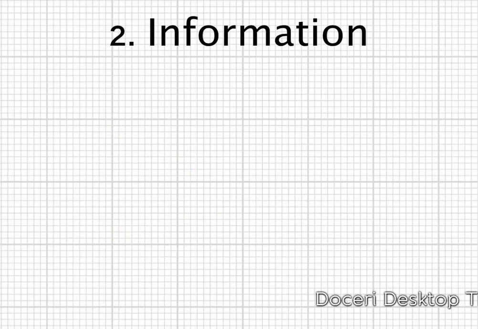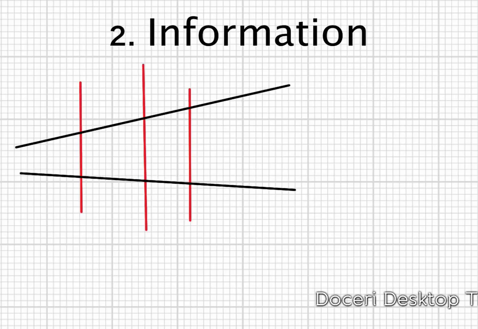The next theorem, second to last one we're going to talk about today, says if I have three parallel lines, 1, 2, and 3, intersecting two transversals. So here are my two transversals.